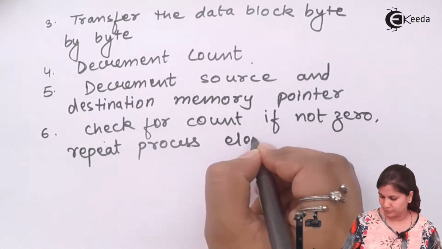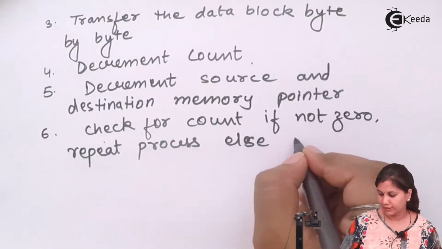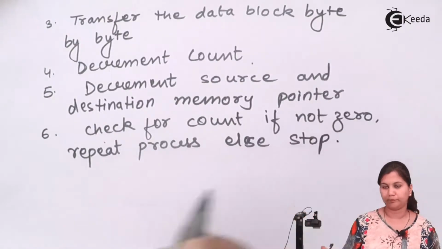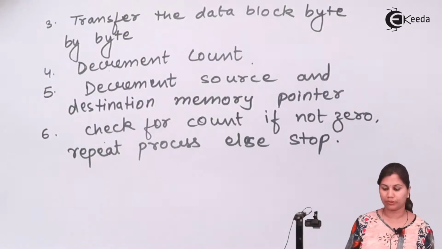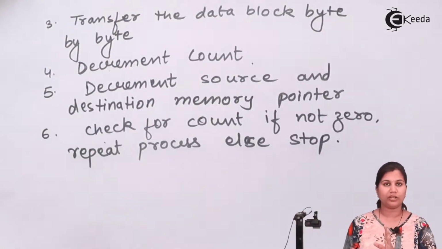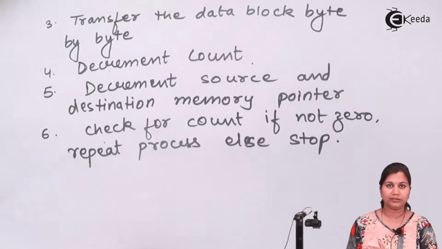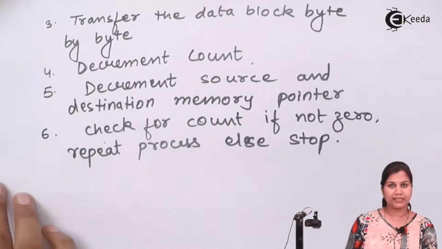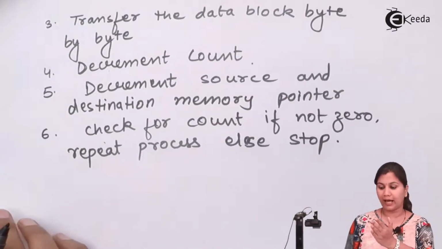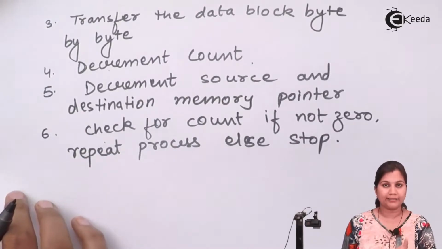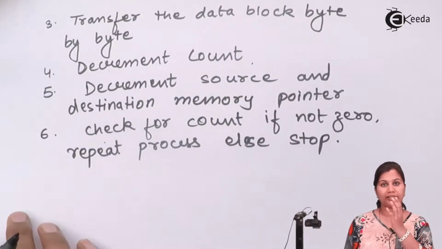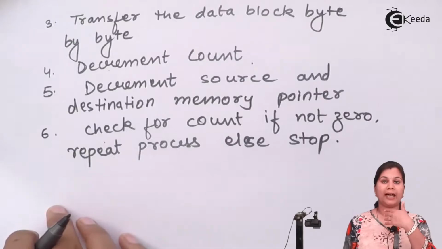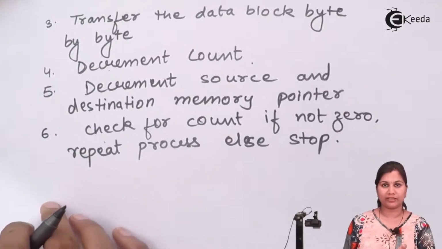Else, if it is 0, then stop, which means end the program. So this is the logic we are using for transferring the data: how we select the register banks, how we get that there are 10 numbers, and how we initialize the counters, decrement them and transfer the data.